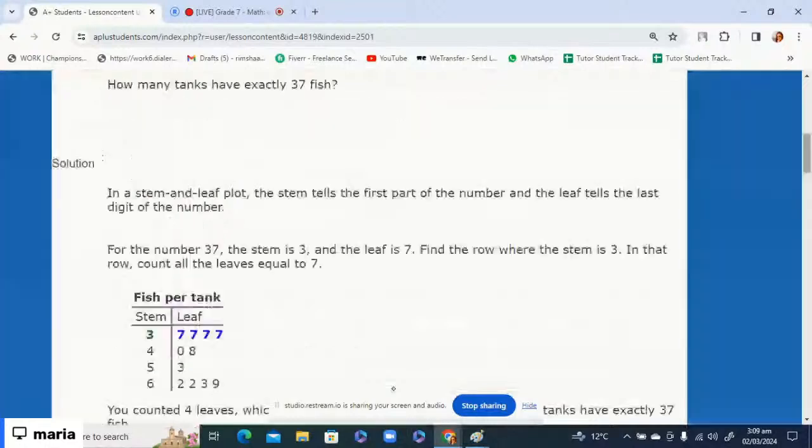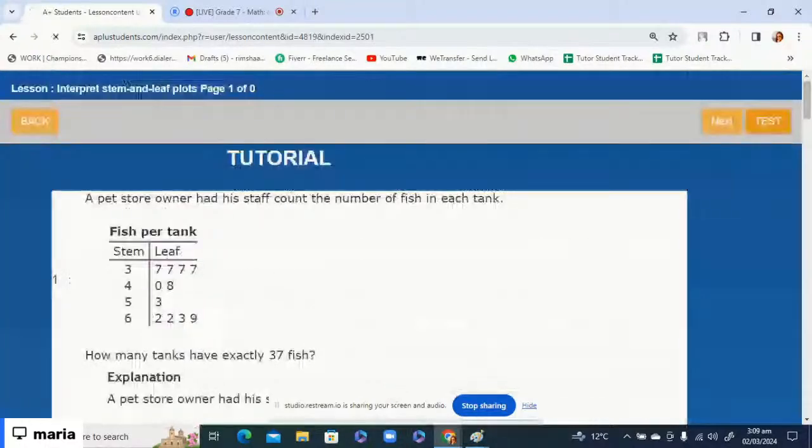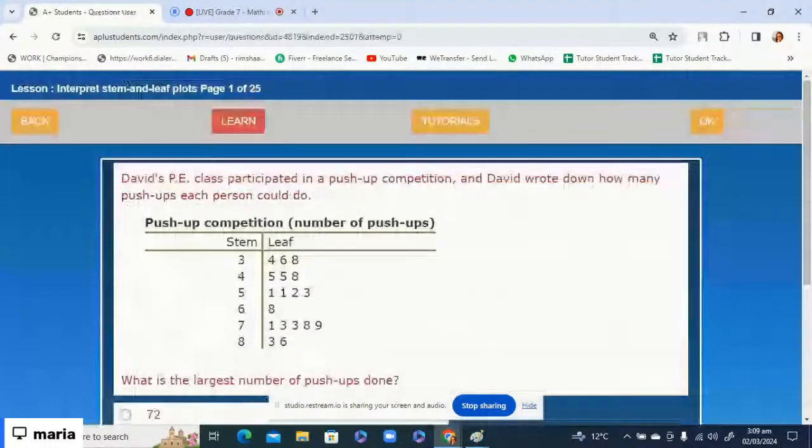Okay, let's do some test questions for that. David's PE class participated in a push-up competition, and David wrote down how many push-ups each person could do. So the number of push-ups are given here. What is the largest number of push-ups done?